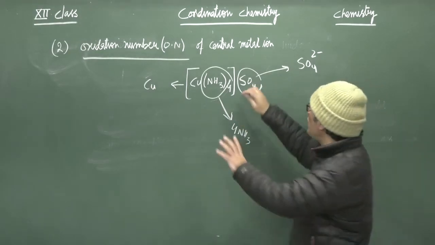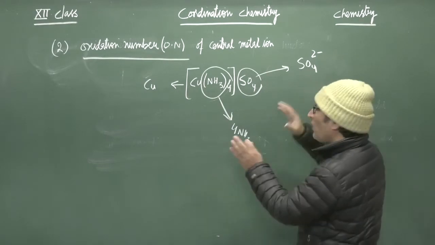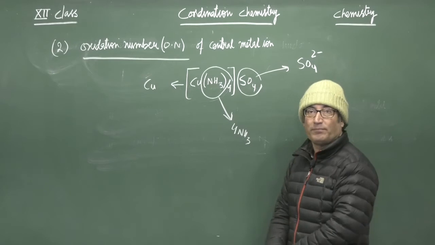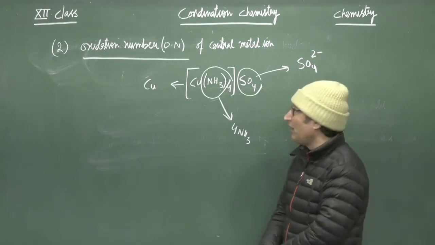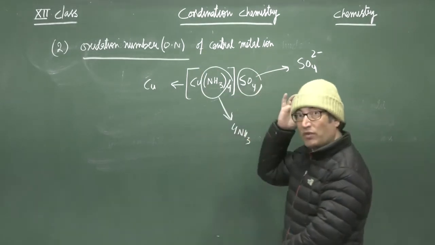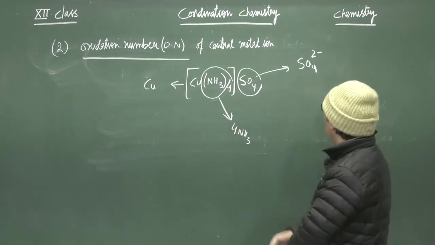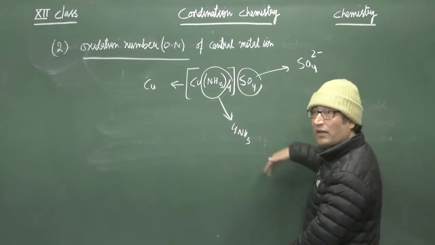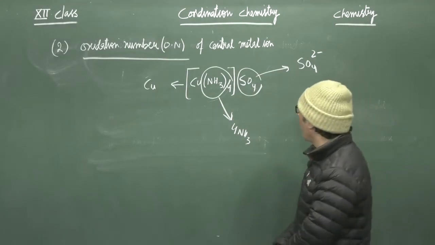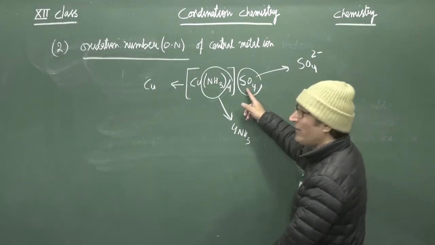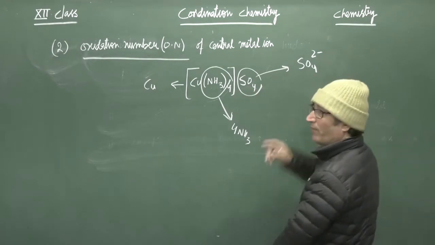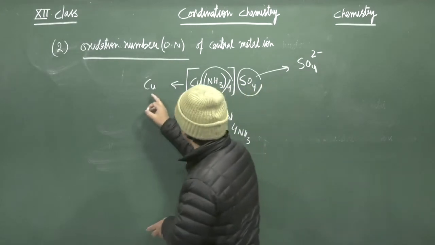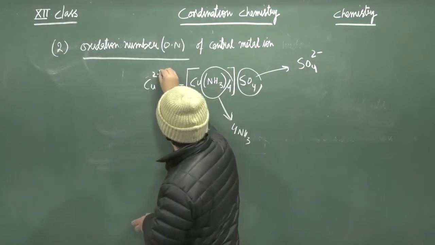In a neutral compound, the sum of the charges on its various species is equal to 0. Keep that basic thing in mind, because this overall compound is neutral. You are removing 4 neutral molecules, so you are removing no charge. And you are removing 1 sulfate ion which has a charge of -2. The residual charge left on copper will be +2.